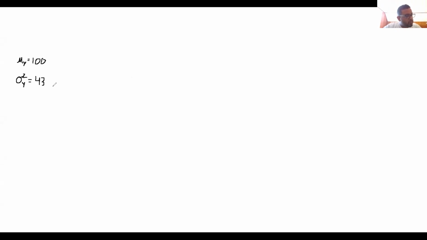So the first question is to find the probability, I'm just going to write P for probability, of y bar being less than 101, when the number of observations is 100.